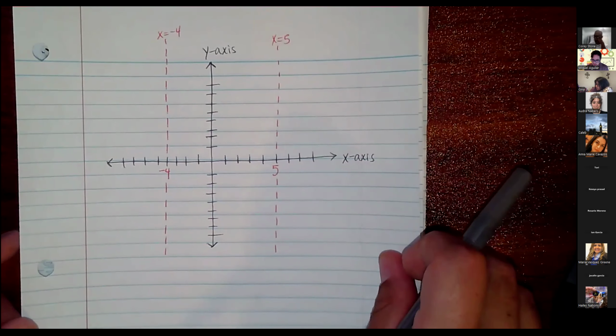Okay. So part C says determine the horizontal asymptote if any exists.